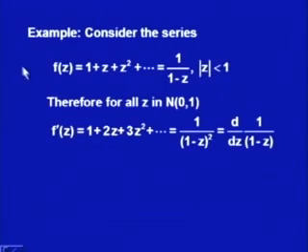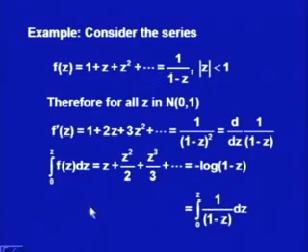So, the idea is that this series is uniformly convergent, and if we differentiate it term by term, we see that it converges to this, which is the derivative of this. So, this establishes term by term differentiation of a uniformly convergent series.